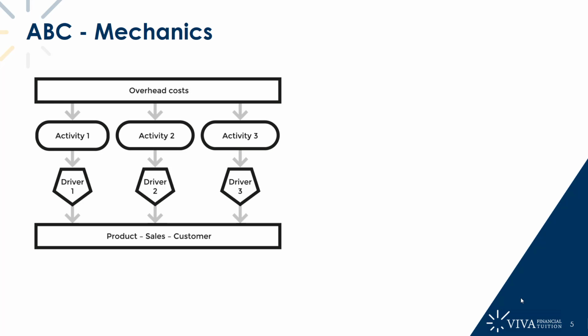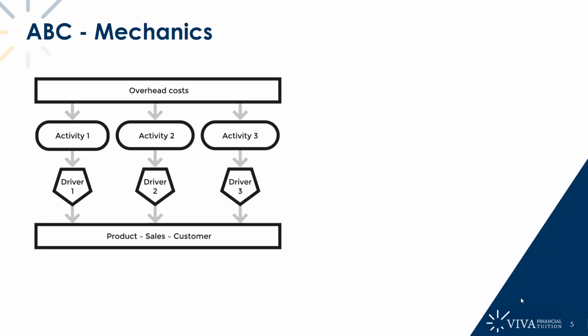Now, if that was the case, we might have to work out things like, if we're going to make a batch of products, how many different bits of equipment do we need to set up to make that batch of products? And then once again, we'd be in that situation where we could say, here's the expected overhead cost related to that particular activity. Here's the cost driver, and we can work out a cost driver rate.